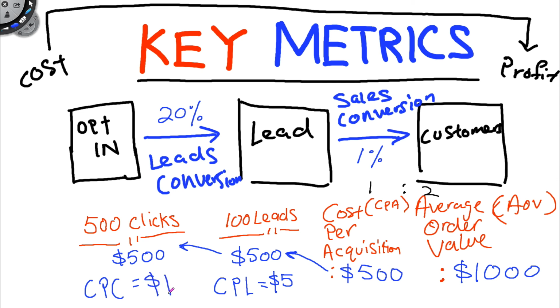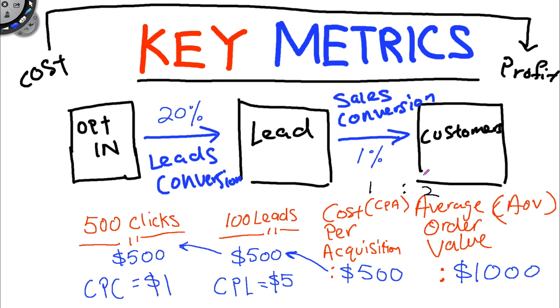So now take a look at this: I can afford up to 500 clicks at $1 each to turn them into 100 leads, and eventually one of them will buy. And this is based on a conversion of 20% and 1% over here.